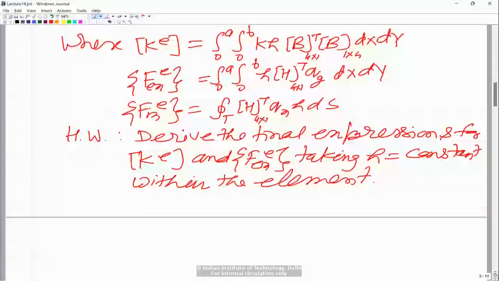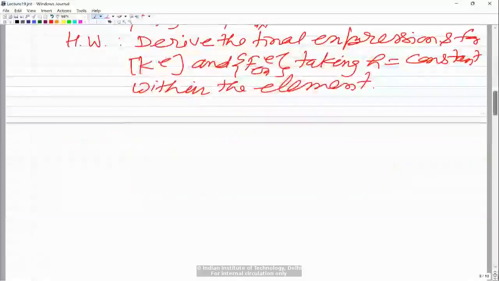The problem with the arbitrary quadrilateral is that it will not satisfy the compatibility condition.